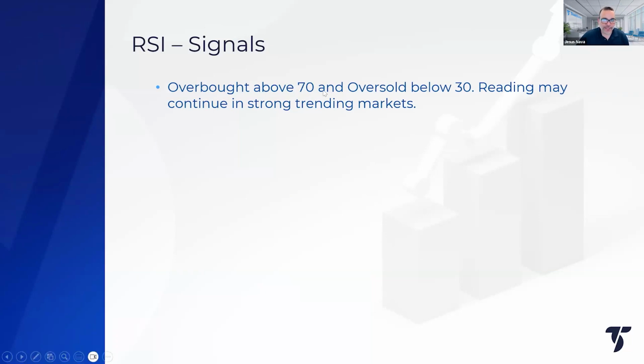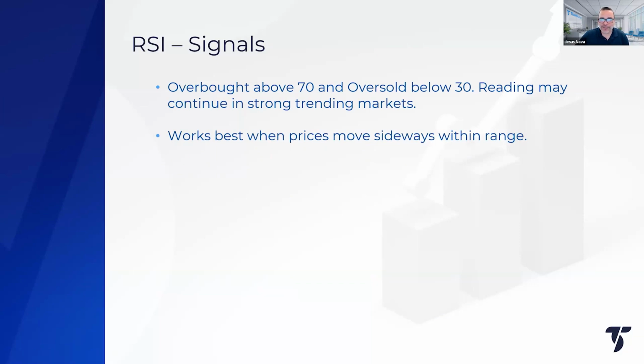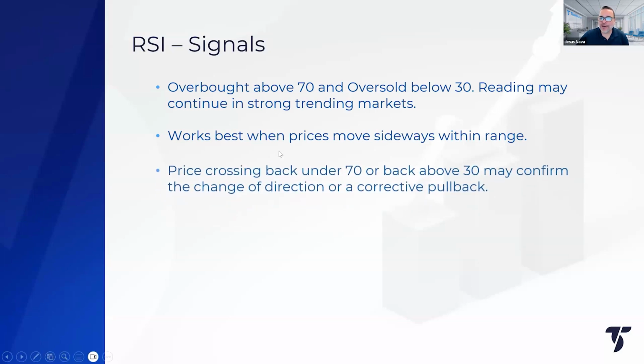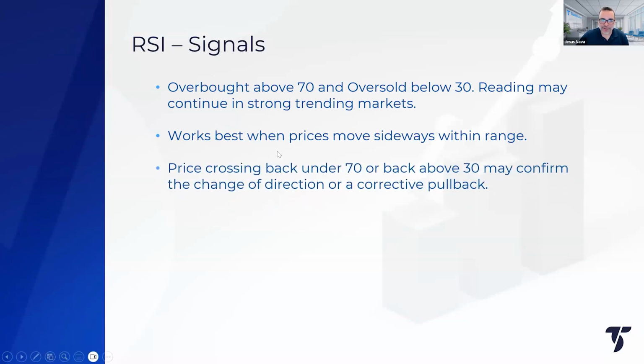Remember that it may continue to read overbought and oversold, but we're looking for those extremes to go in the opposite direction, because eventually securities will move in the opposite direction. And that's what these oscillators are trying to take advantage of. You're overbought and then you drop and then you take advantage of that bearish signal. If you're oversold at the bottom, then you're going to cross over that 30 or 20 threshold, and that's going to be your bullish signal.